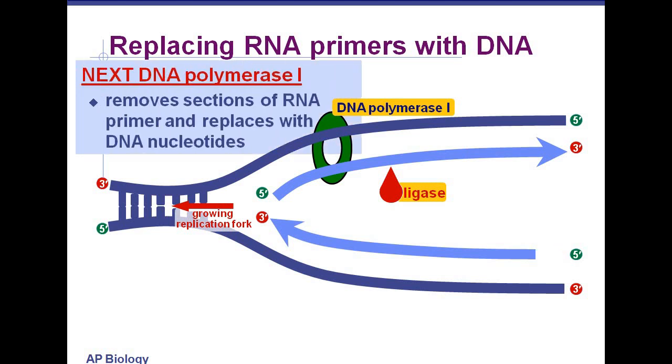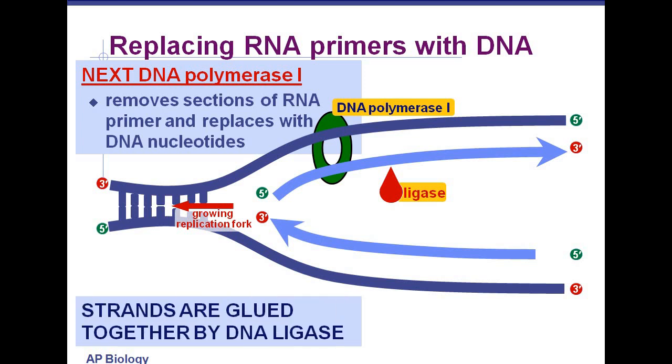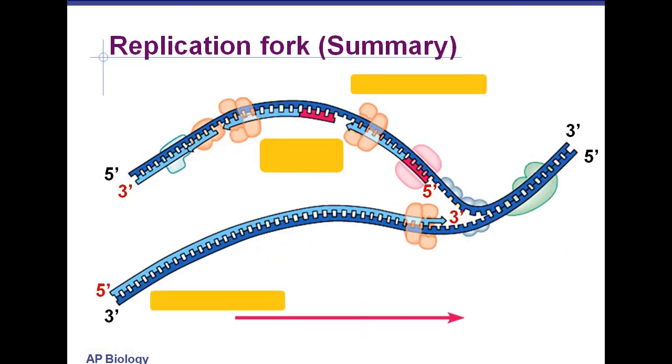So the DNA polymerase first removes the sections of the RNA primer and replaces with the DNA nucleotides, and the strands are glued together by the DNA ligase, as we have already discussed that ligase is the enzyme which act as a nicking and sealing enzyme. Now this is the replication fork.